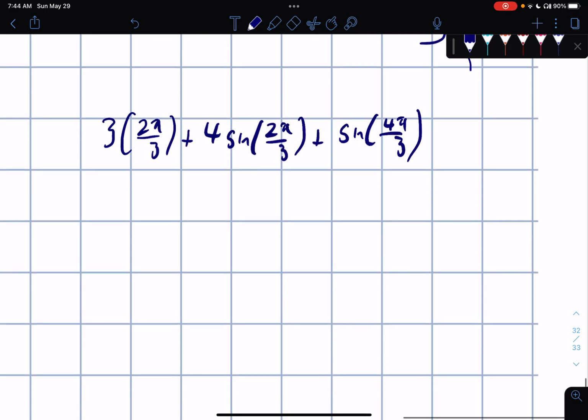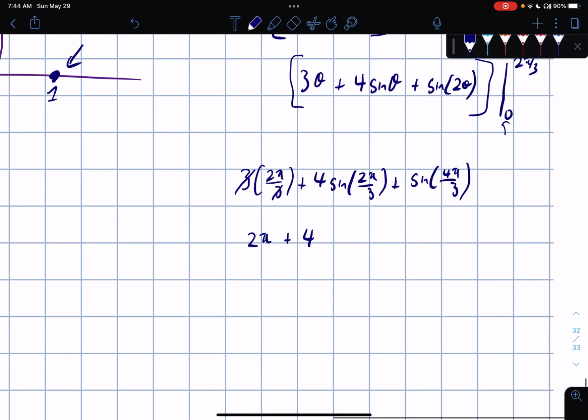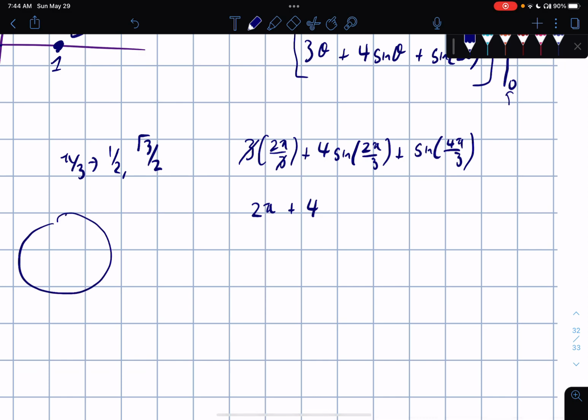So here, 3 times 2 pi over 3, I can just cancel these, so we get 2 pi plus 4 sine of 2 pi over 3. Now 2 pi over 3, the coordinates are these two, and since we're in the second quadrant, sine of 2 pi over 3 must be positive square root of 3 over 2. So we get positive square root of 3 over 2.